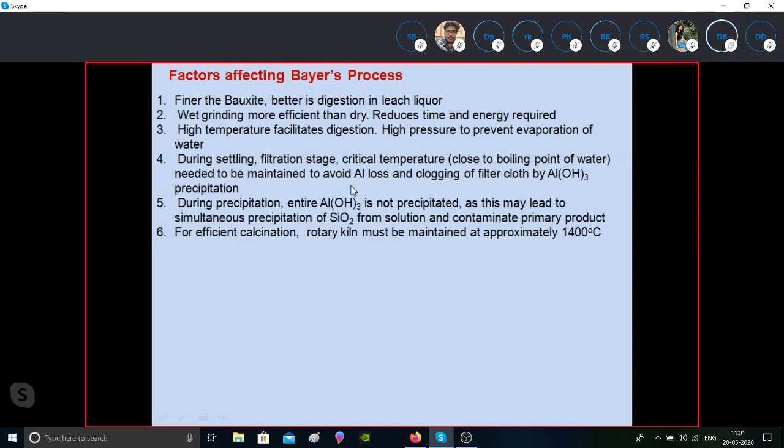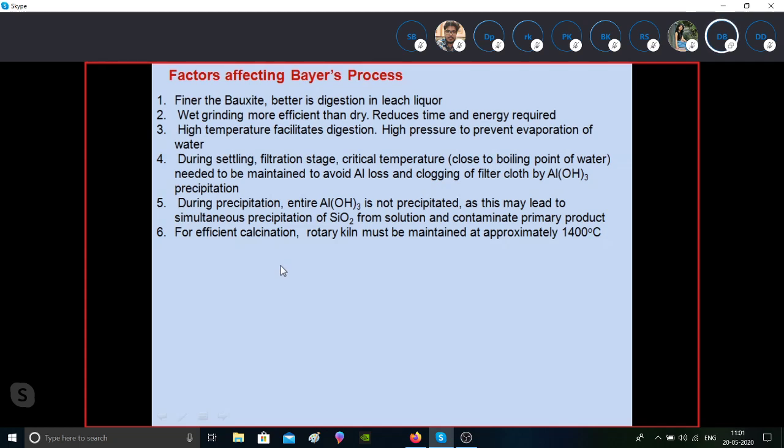Okay, and finally we said that aluminium hydroxide needs to be calcined, and the calcination is done in a rotary kiln where the temperature must be maintained as high as 1400 degrees centigrade.